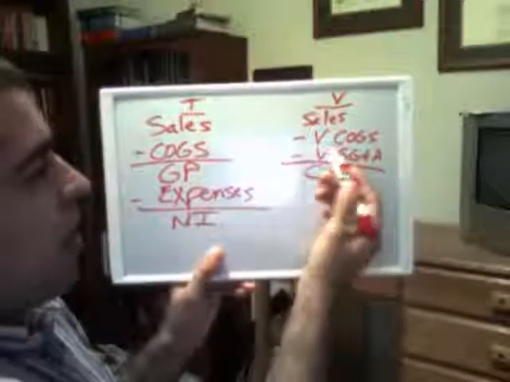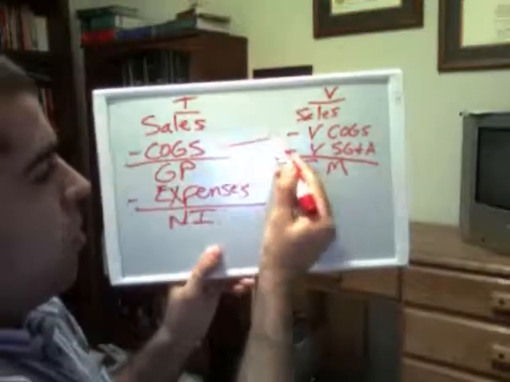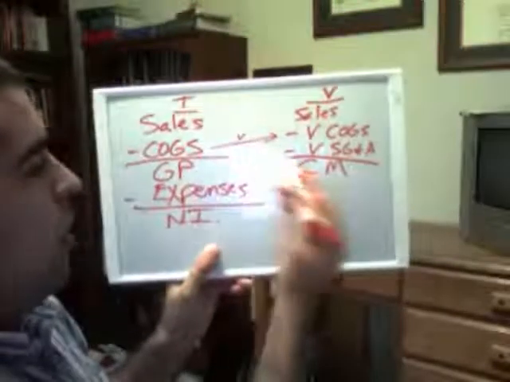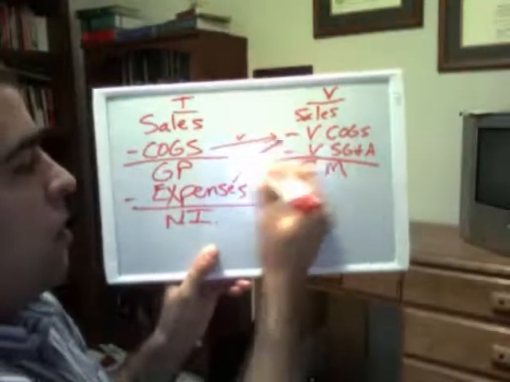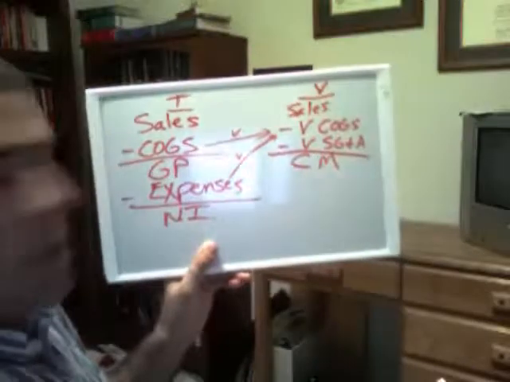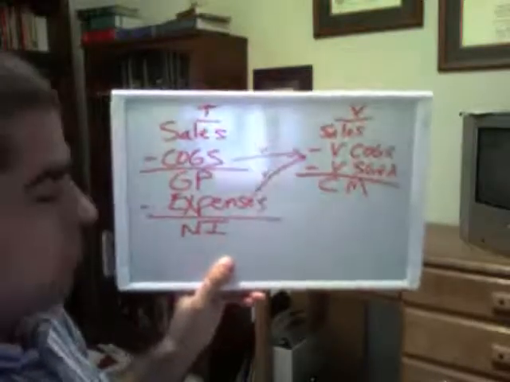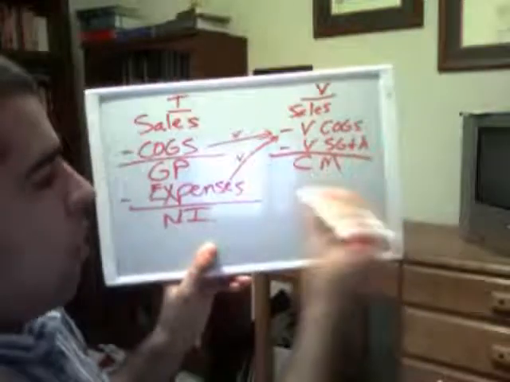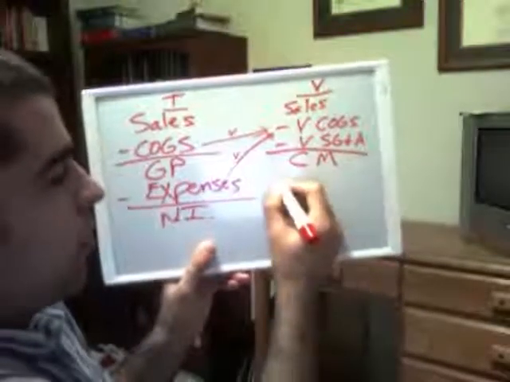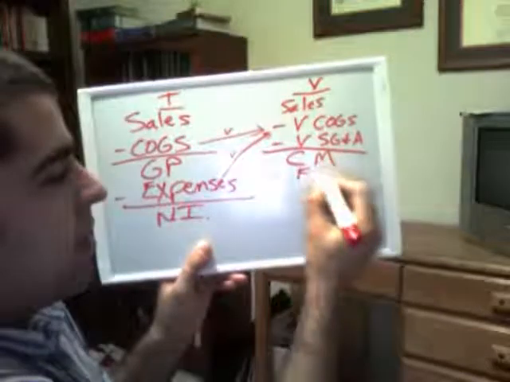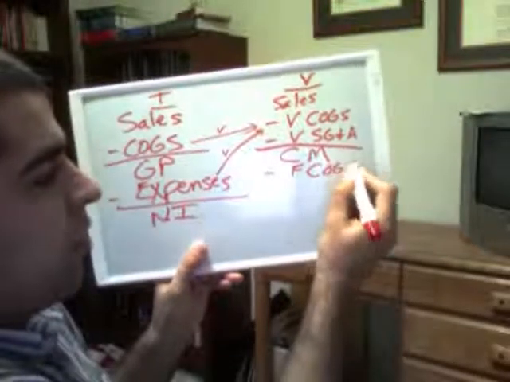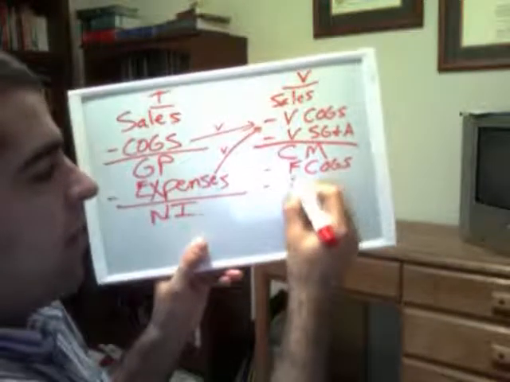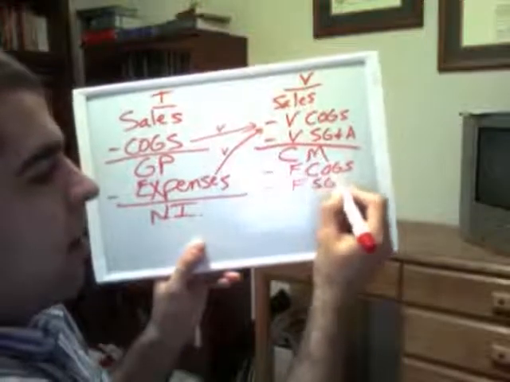Now, we're taking the variable from cost of goods sold and the variable from our expenses, and we're moving that up to this line above contribution margin. What do we put below contribution margin? Well, now we put our fixed cost of goods sold, and we subtract our fixed SG&A.